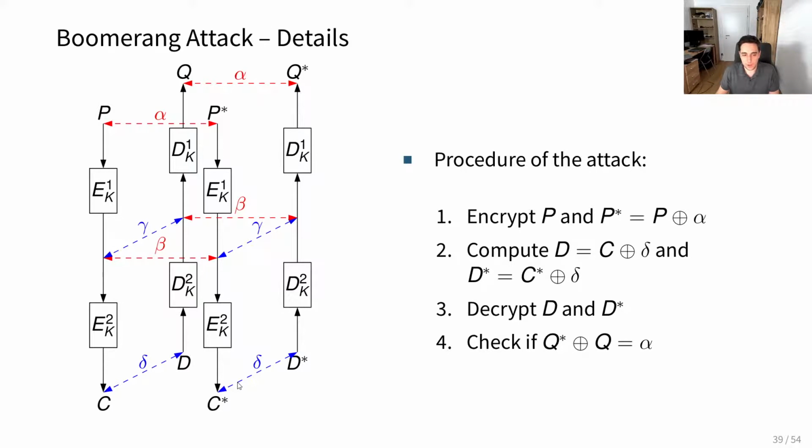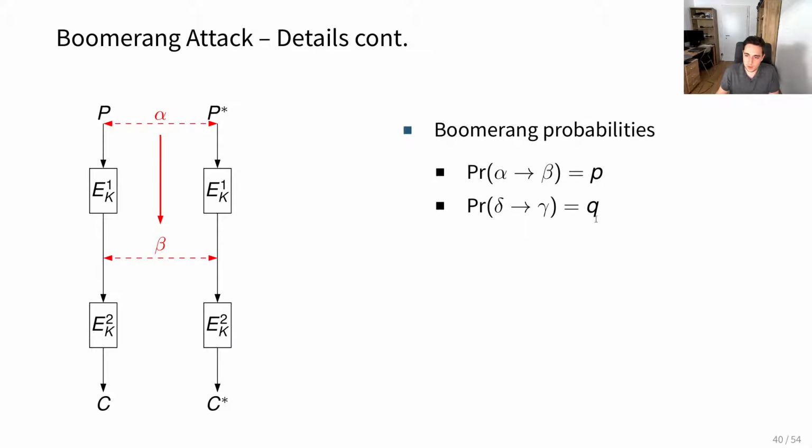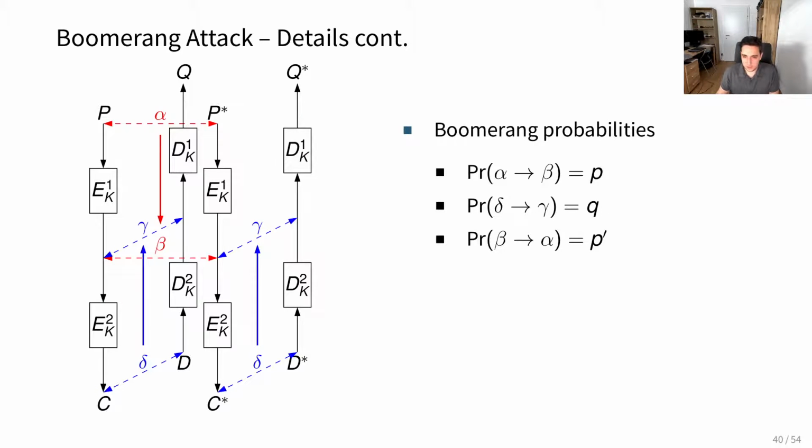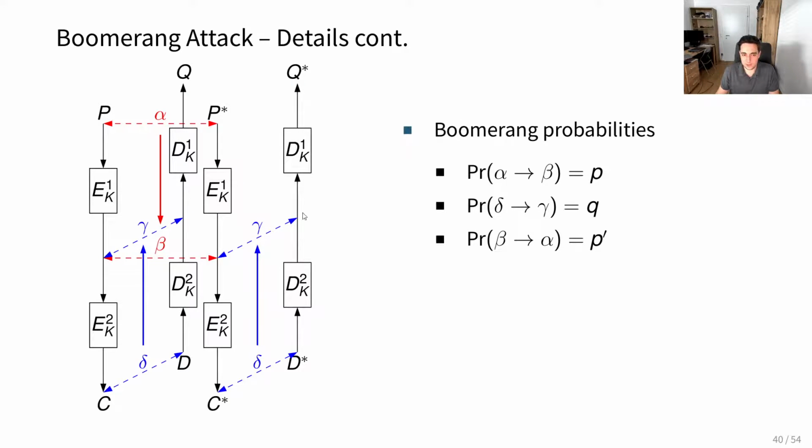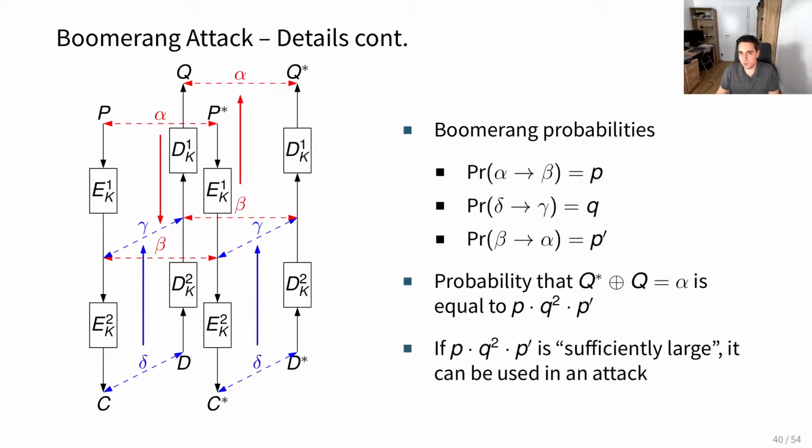What we need to compute is the probability that this delta maps to gamma after this first part of decryption. This is the second probability we need, and let us say it's Q. And finally, we need that the beta we achieve here maps to the alpha again. Let us say that's P prime.